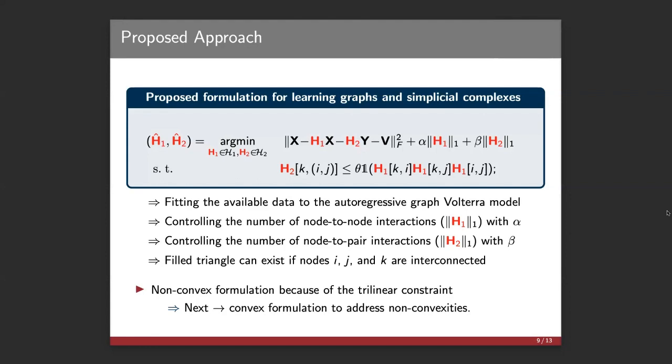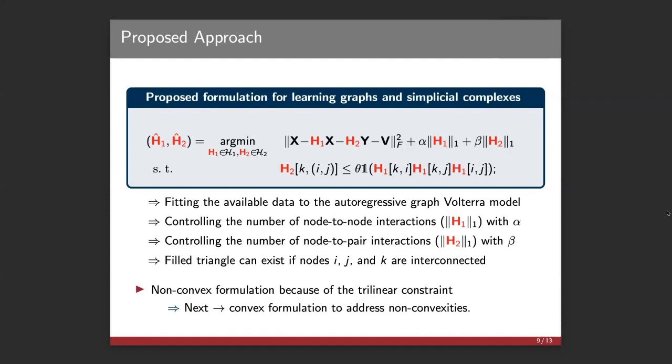This constraint imposes the structure I mentioned before. A filled triangle can exist, so this node pair interaction will be different from 0 only if the three nodes I, J, and K are connected. If they are connected, through this indicator function, then we can have a filled triangle in our formulation.